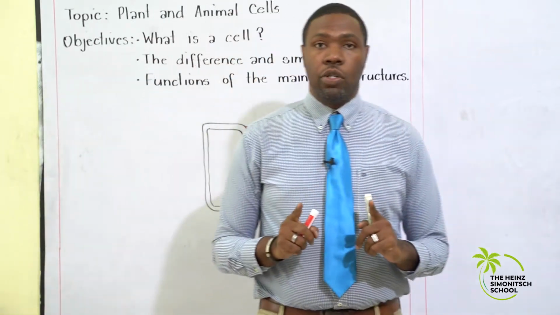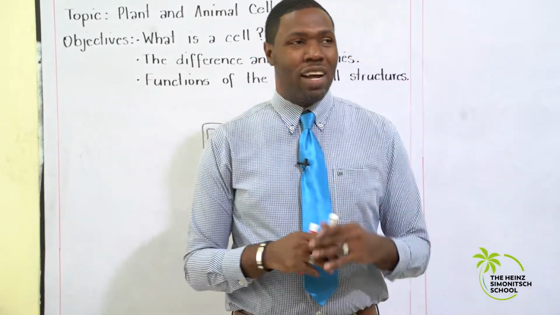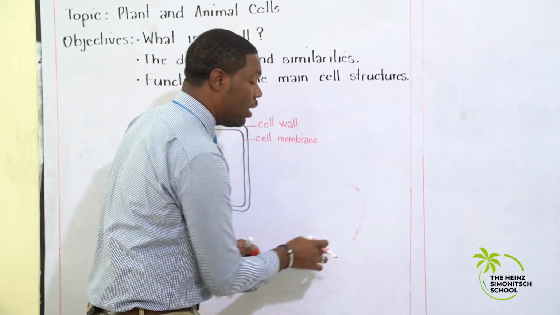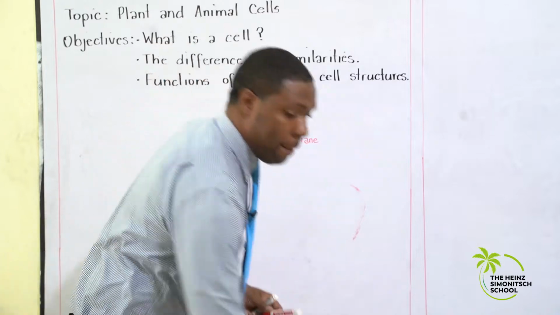Now it's important to note, guys, when you're doing your drawings for your exams, you try not to make sketches. You need solid, uninterrupted lines, like you're seeing on the board now.